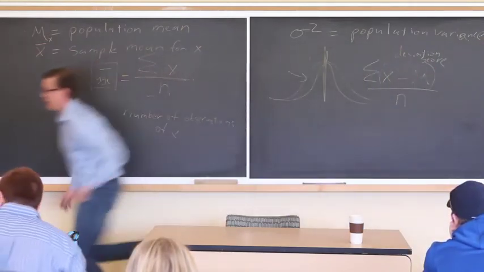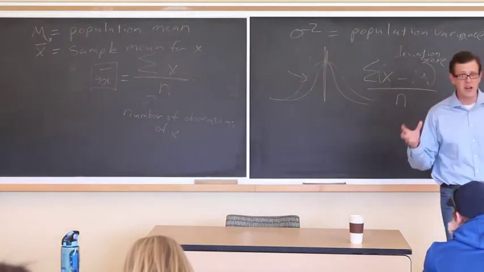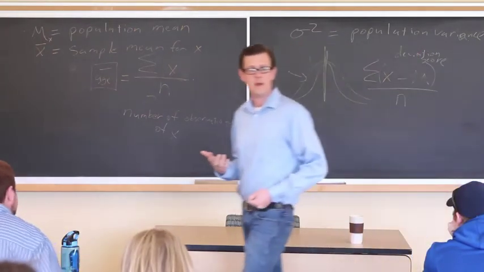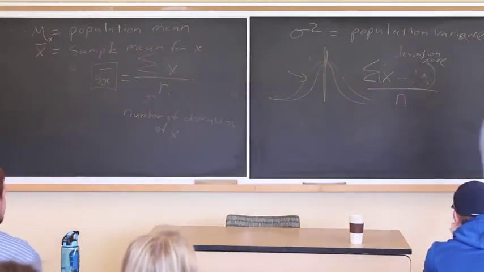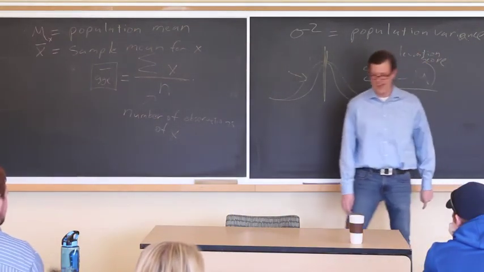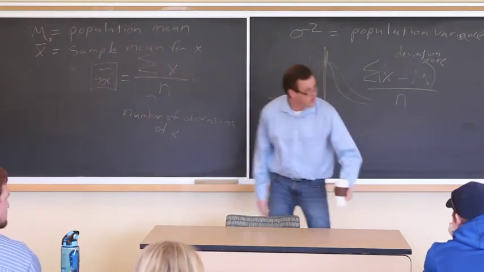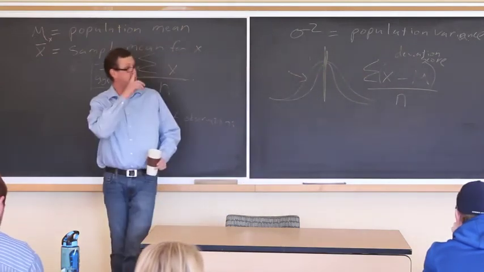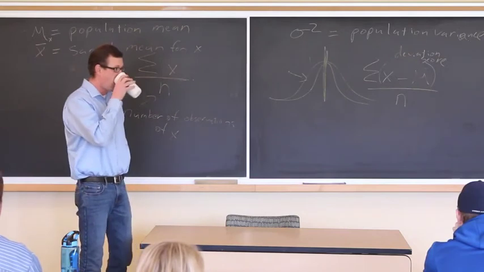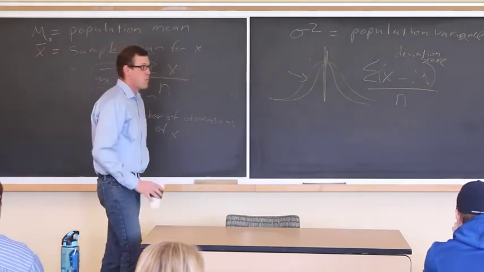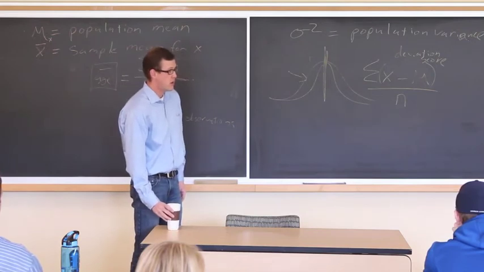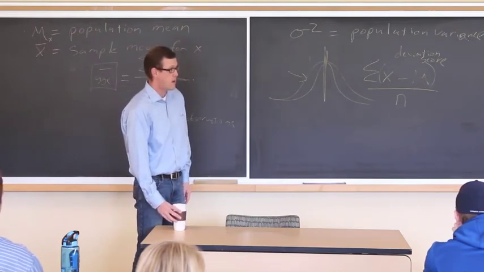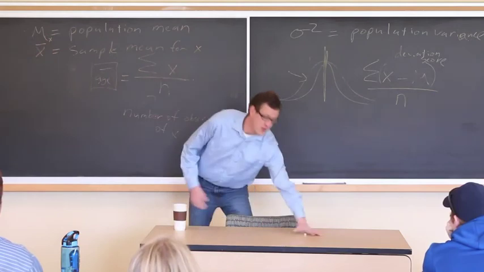Has anyone figured it out intuitively? 0, you say. Yes, you are right. How did you know it was 0? Or was that just a lucky guess? Well, because if you're taking the deviation and then dividing it by the number of times that you find deviation, it comes down to 0. Your intuition is right on.